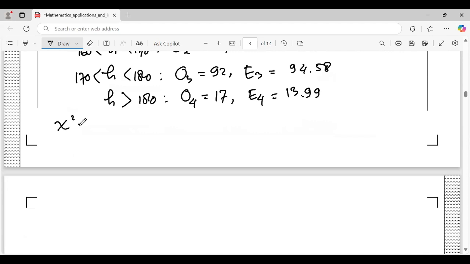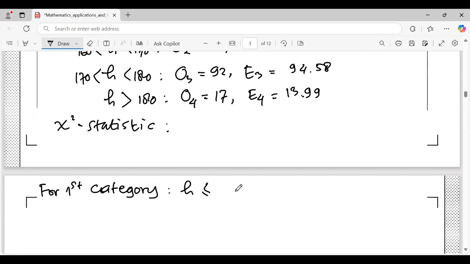For the first category, H less than or equal to 160, the chi-squared equals sigma, the formula is (Oi minus Ei) squared over Ei.